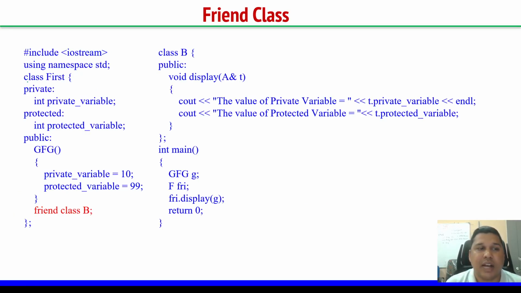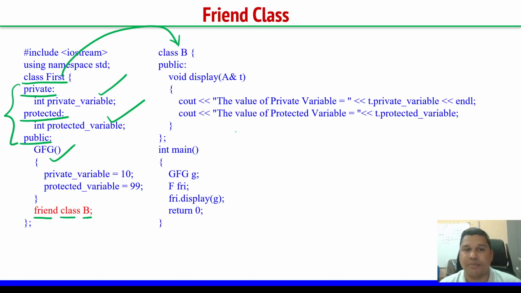See, I have class first. In that I have private, protected and public variables and functions. There is one variable private, one variable protected and one function public. After writing these three, I wrote one statement: friend class B. It means class first and class B are friends.